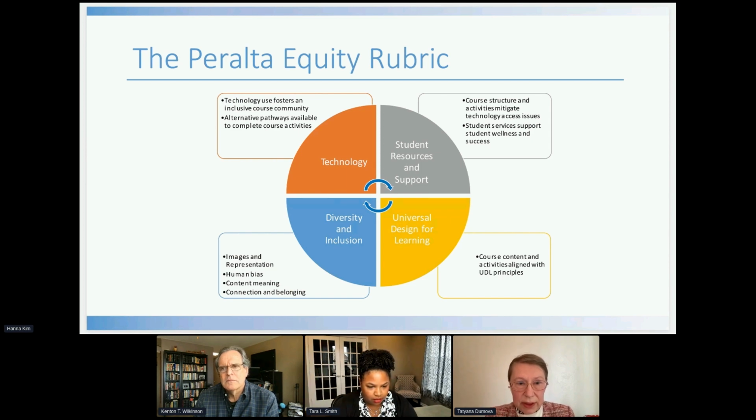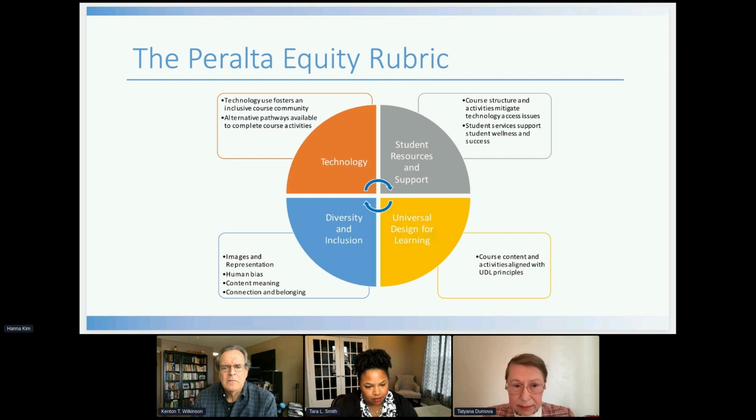On the technology side, from the point of view of equity and inclusion, you can see inclusive course community and alternative pathways available to complete course activities. Under support services and student resources, you may see course structure and activities that mitigate technology access issues, and support services that help with student success and student wellness.